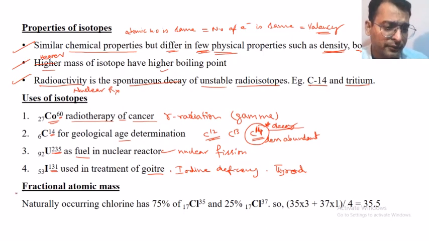What is the fractional atomic mass? So when you look at the periodic table, you will see that most of the atomic masses are given in decimals, fractions. Why? You know that number of electrons is equal to number of protons. Okay.